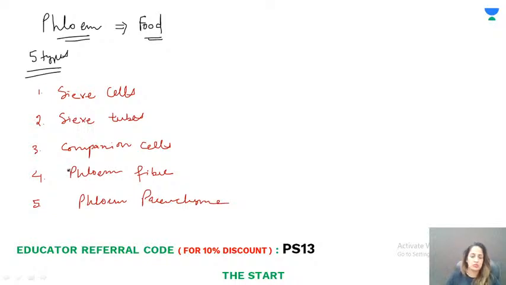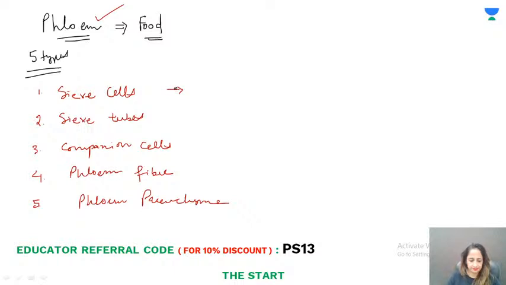Okay, so these are the 5 types of different cells which are present in phloem.